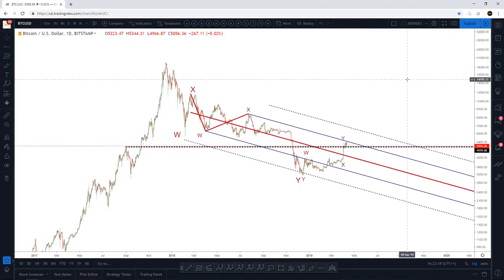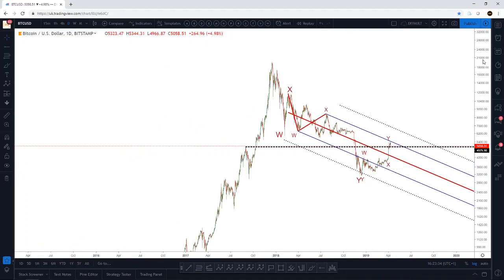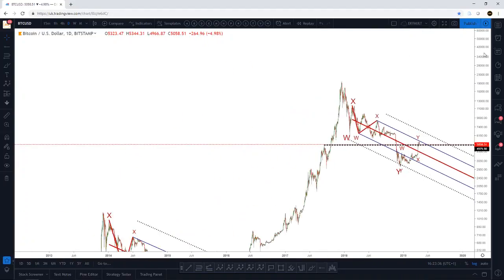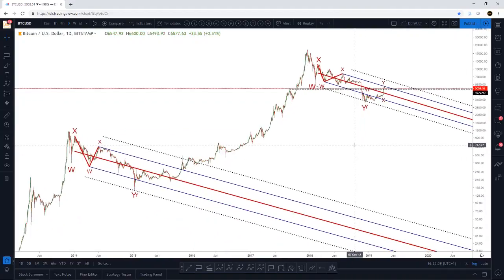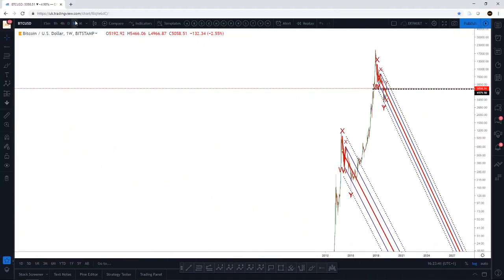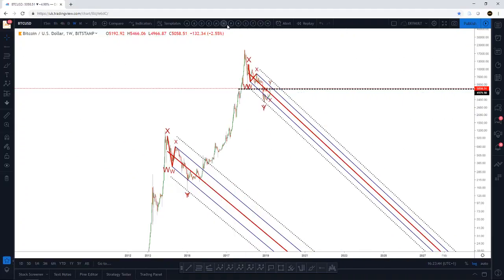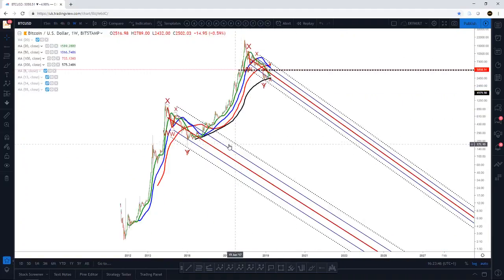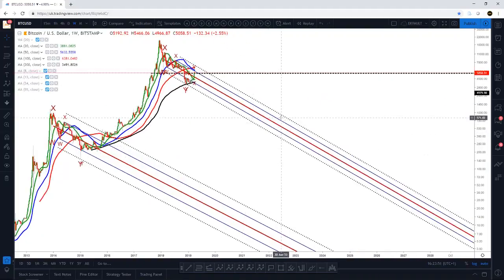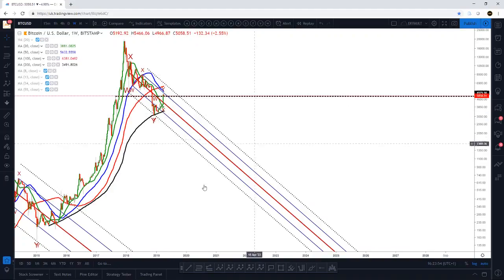now obviously the big question is, was this 3100 the bottom? Was it a WXY like the count that I've just shown you for 2014 2015, where we've seen two WXYs with very similar Fibonacci ratios between them, and on top of that, if we go on the weekly, pull up our simple moving averages, it's the 200 week moving average, the black line here, acted as very nice support here, and has acted as nice support again here.